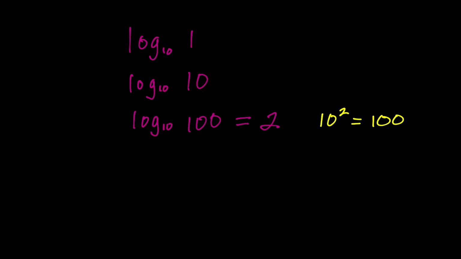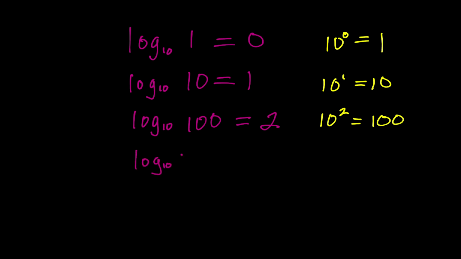Well, that number would be 1 because 10 to the 1 equals 10. And then finally, 10 to what number equals 1? We know that any number to the 0 equals 1. So 10 to the 0 equals 1 gives us an answer. Naturally, the next one would be the common log of the next multiple of 10, 1,000. So we have 3 zeros there. In other words, we know that 10 cubed equals 1,000.